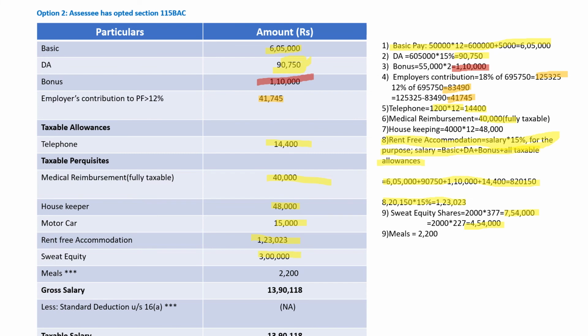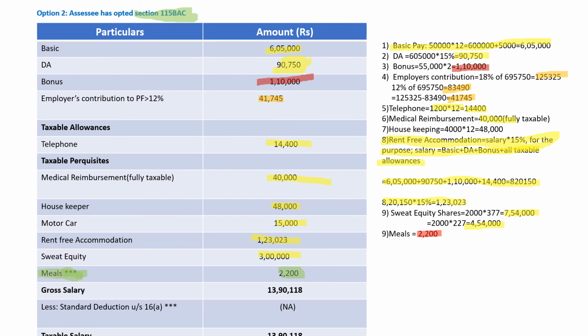And as we have opted 115 BAC, 2200 is here. Then I have given a star mark here so that you can remember that as we have opted 115 BAC, we need to take this meals allowance.